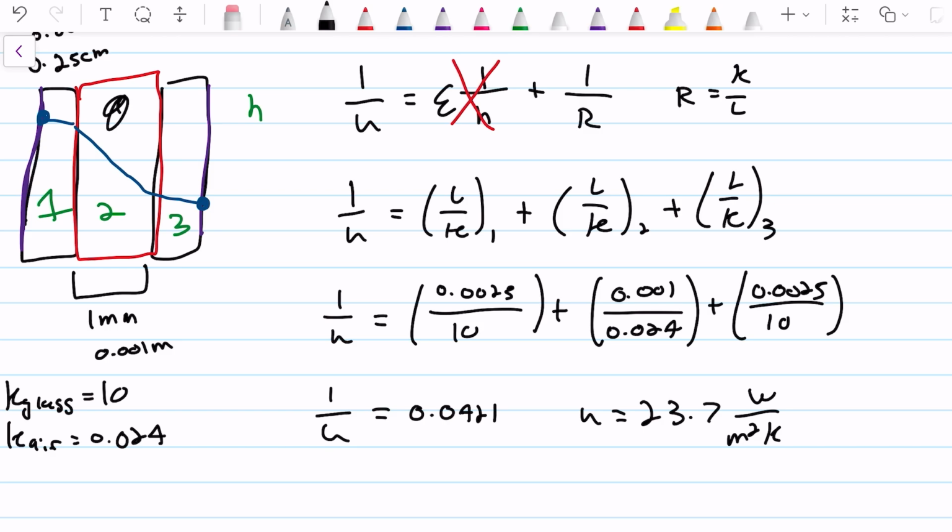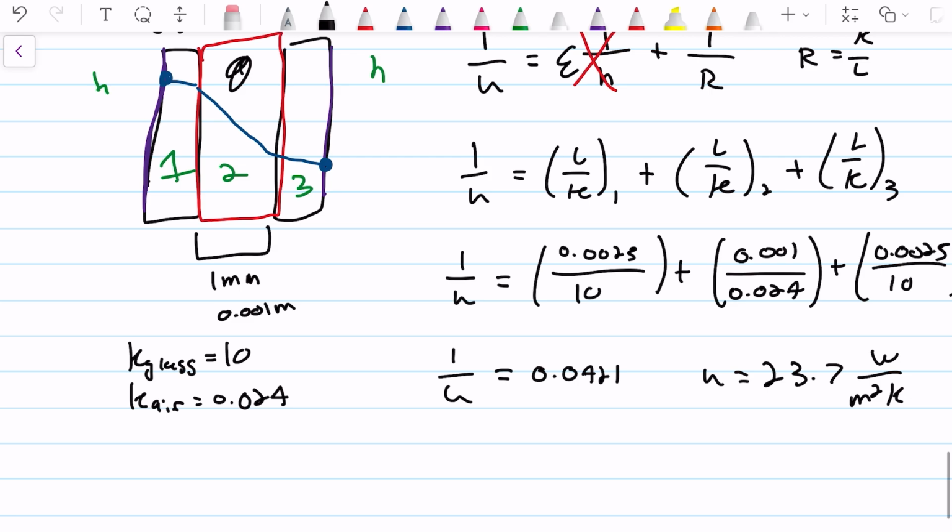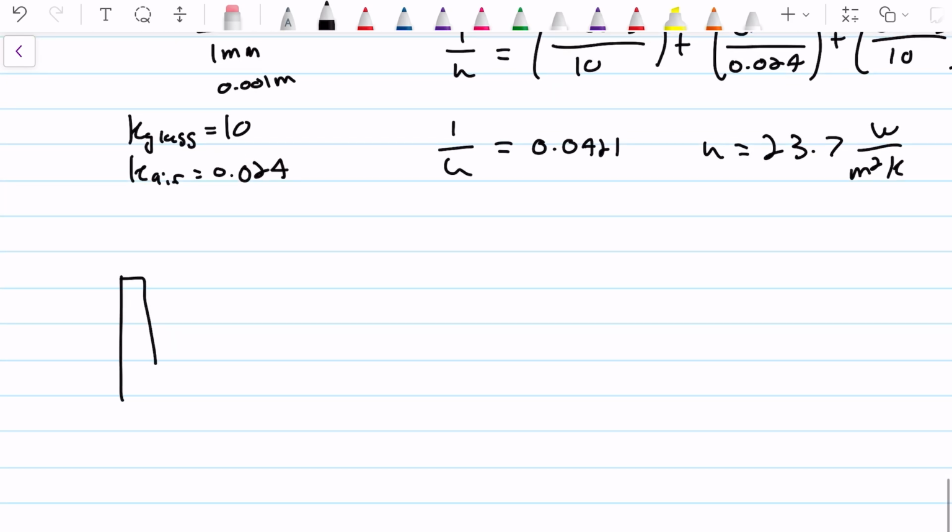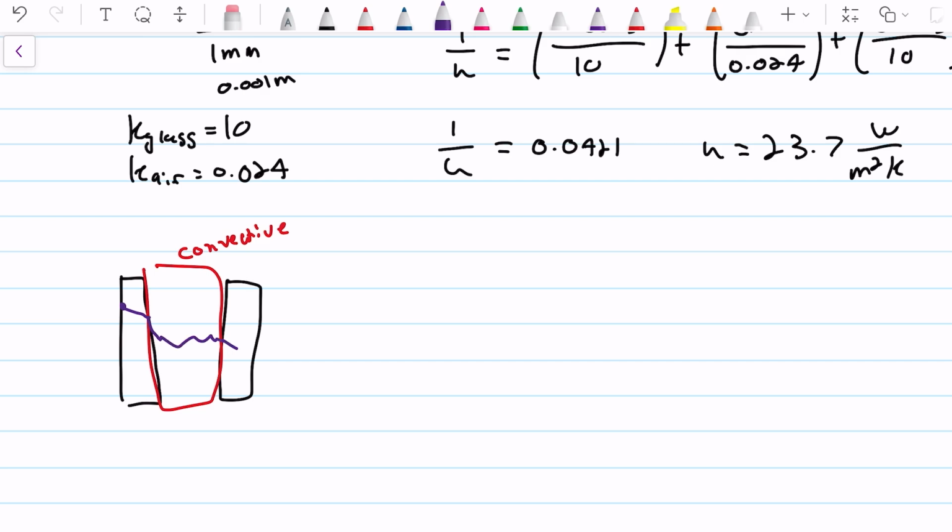So now they want us to find the h. Let me redraw the system. Now they want us to consider a system where our air is convective. So now the temperature profile might look something like, well, actually, I don't know what it'd look like, something crazy, and then a linear drop in the solid.